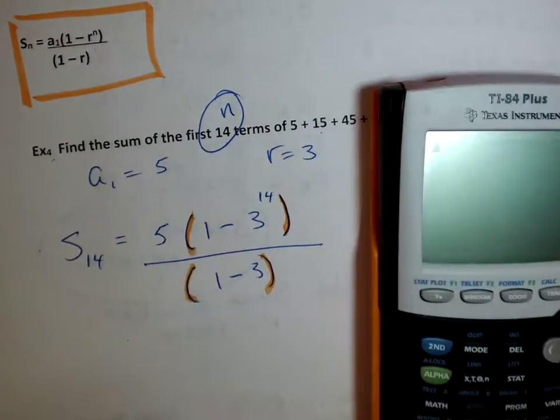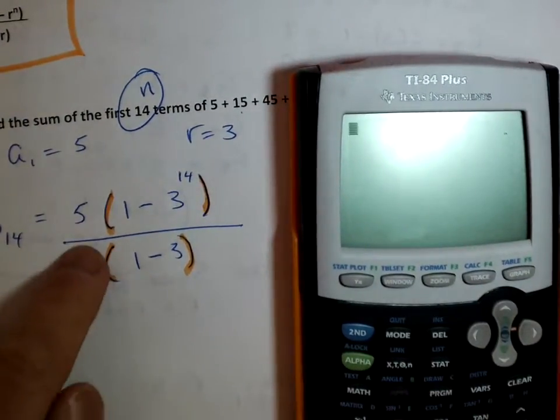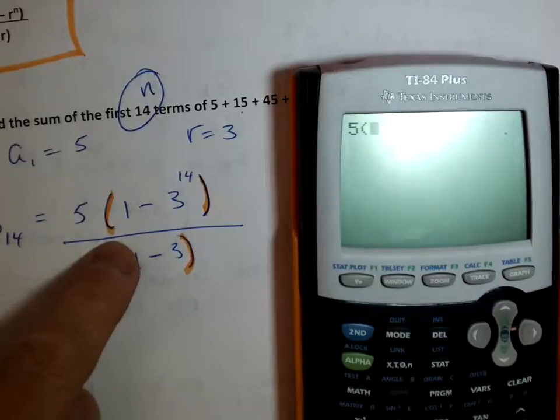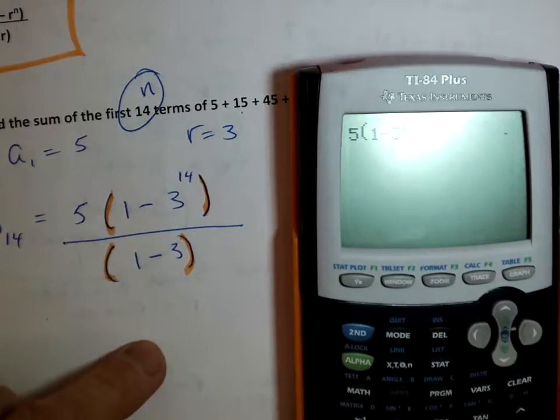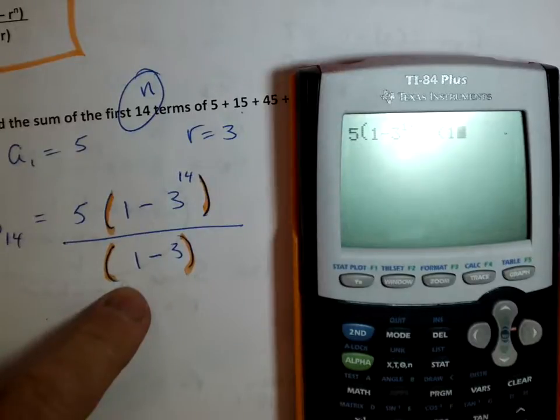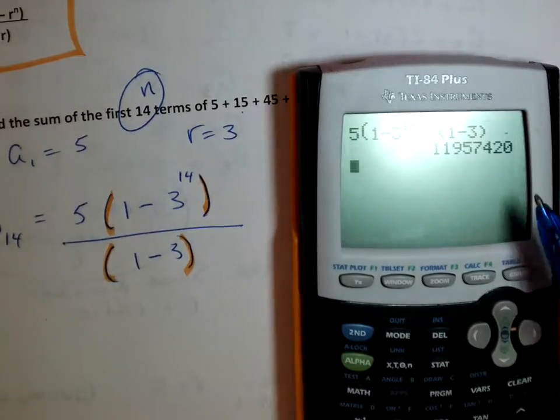All right, so let's see what happens if I do this. I'm going to go 5, parentheses, 1 minus 3 to the power of 14, move my arrow over, parentheses, divided by, parentheses, 1 minus 3, parentheses. You have to have the parentheses in there. Enter. And it should be a big number because you're adding these all up. Boom.